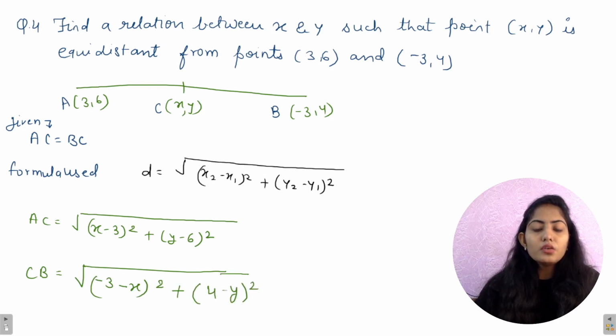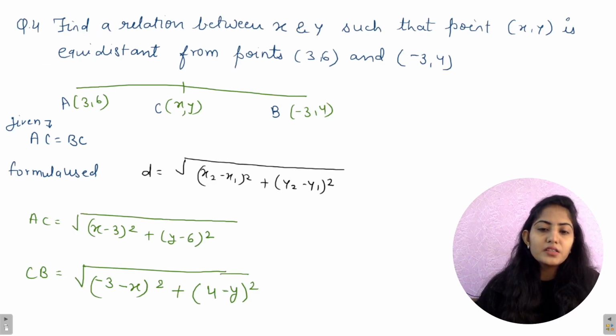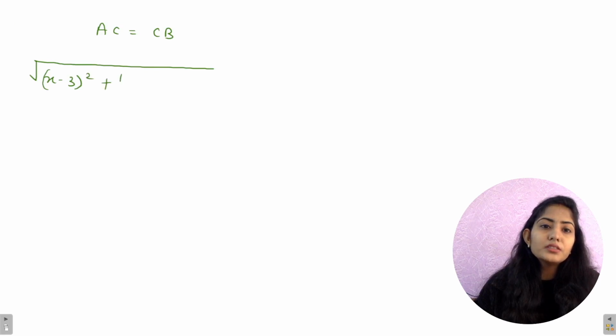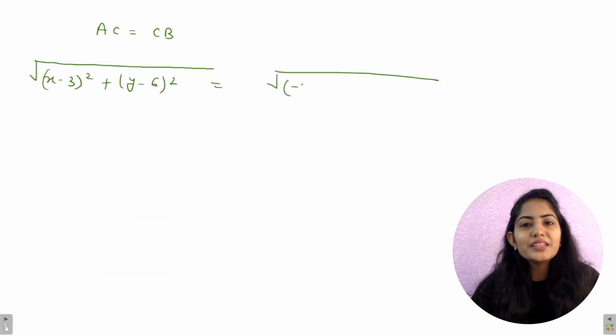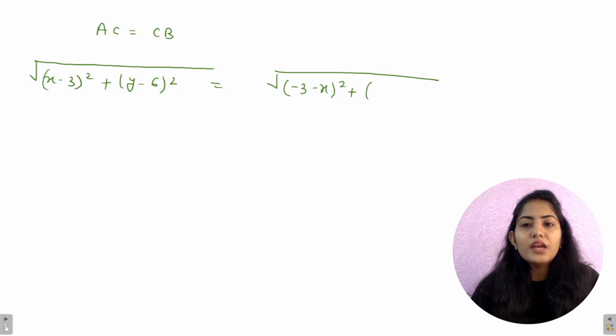Now we know AC is equal to CB, so let's put the values: x minus 3 whole square plus y minus 6 whole square equals minus 3 minus x whole square plus 4 minus y whole square.